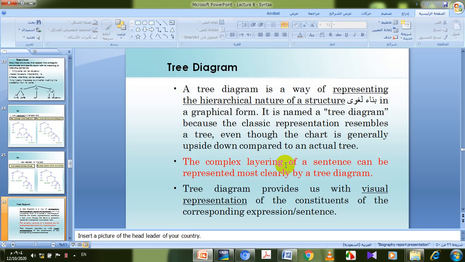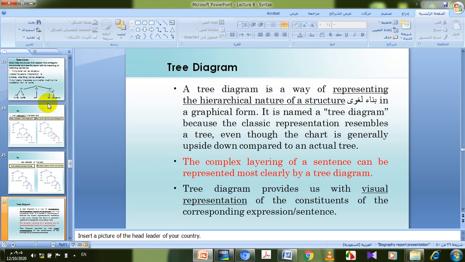The complex layering of a sentence, any sentence, can be represented most clearly by a tree diagram. So if we want to see the complex layering of any sentence, we can make a tree diagram for this or that sentence to see it represented more clearly.